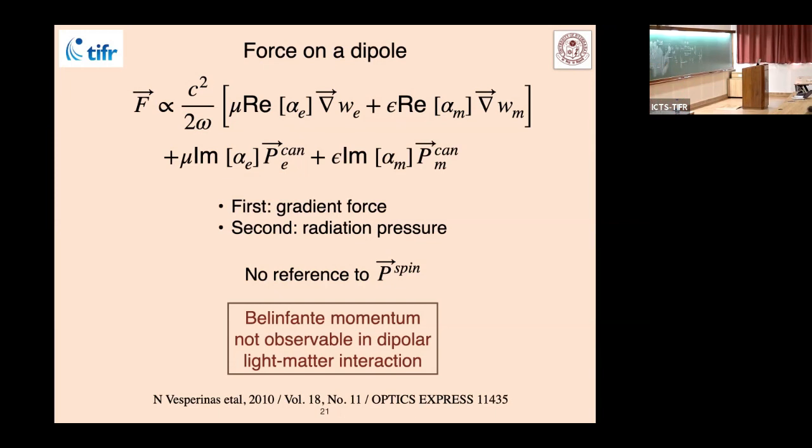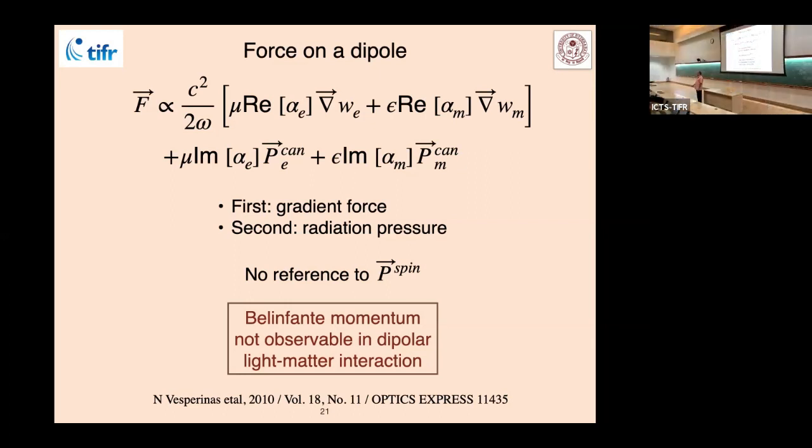So by structuring the field, as in tweezers, you can make the particle feel some force, which can keep the particle in place in an optical tweezer. Owen will talk about that in his whole lecture, right?